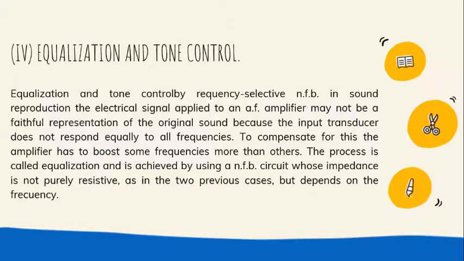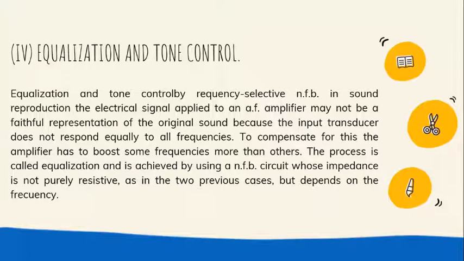Equalization and tone control. Equalization and tone control by frequency selective NFB in sound reproduction. The electrical signal applied to an AF amplifier may not be a faithful representation of the original sound because the input transducer does not respond equally to all frequencies.